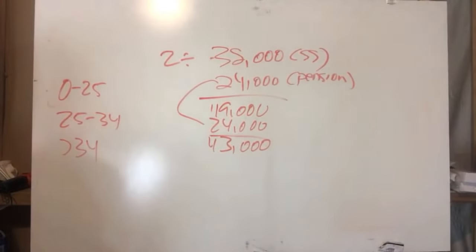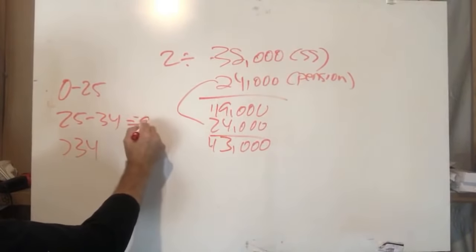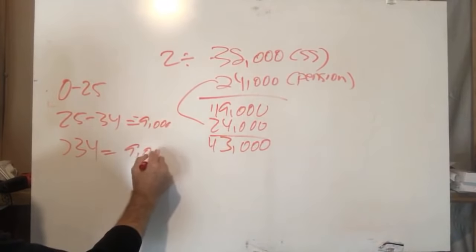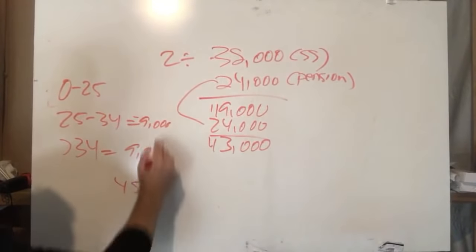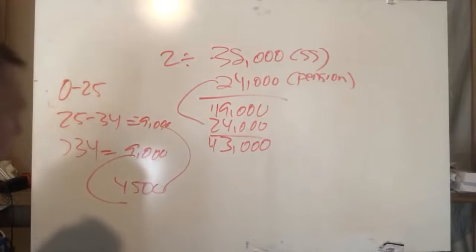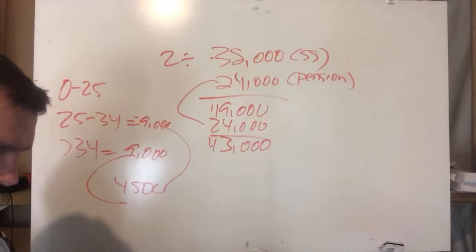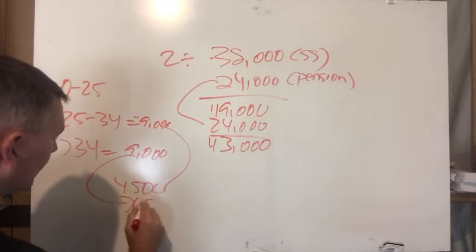So we know for a fact that you're going to have 9,000 here and 9,000 there. So we've got 4,500 here, and then we're going to have whatever 85% on 9,000 is. 9 times 0.85 is 7,650.